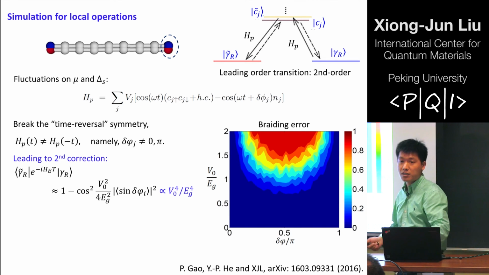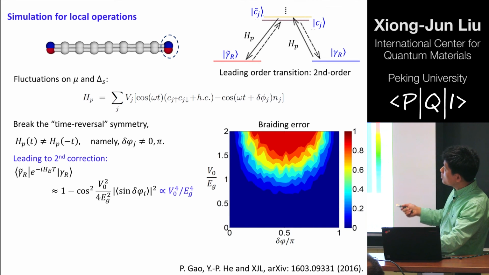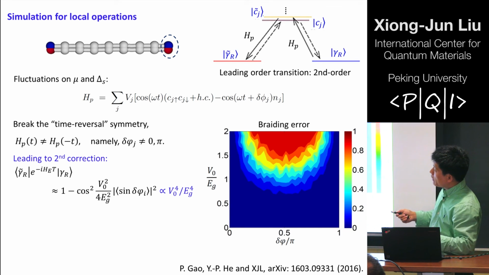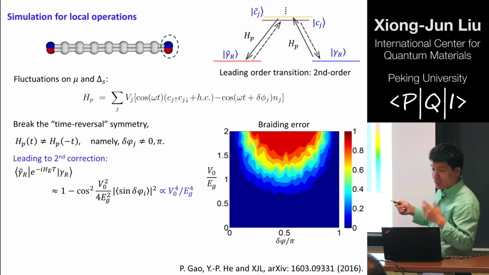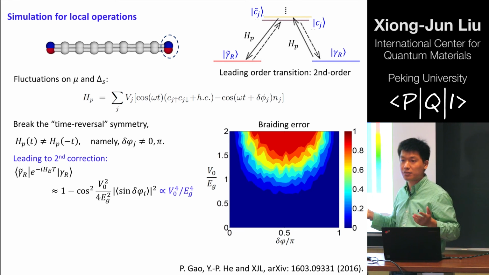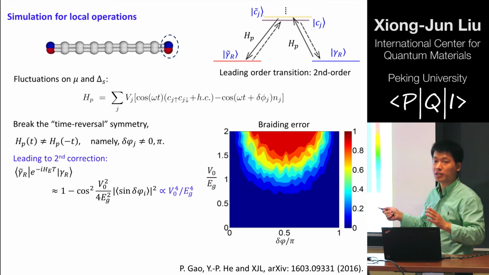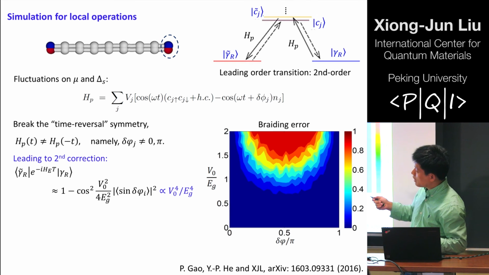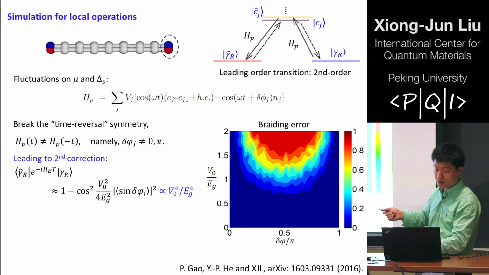We can do some numerical checks, and we confirm all the results. If you do not break this dynamic time-reversal symmetry, it's always exactly ideal. You don't have any decoherence. But if you break this dynamic symmetry, yes, you have a correction.